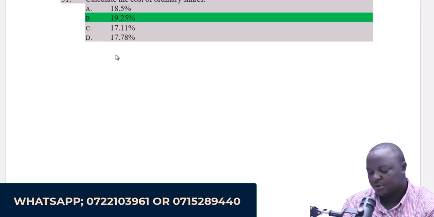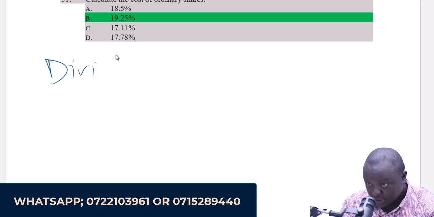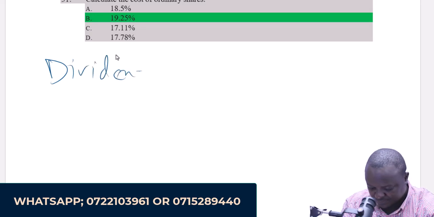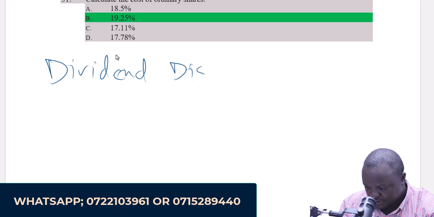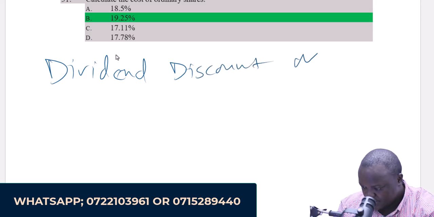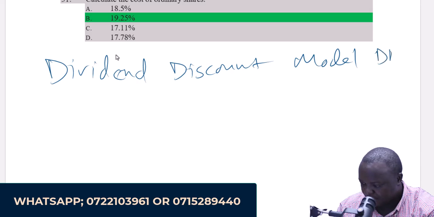The dividend discount model, or the DDM, is as follows.